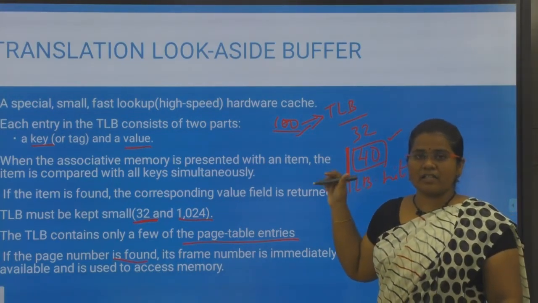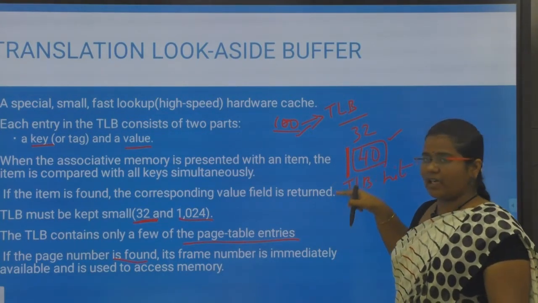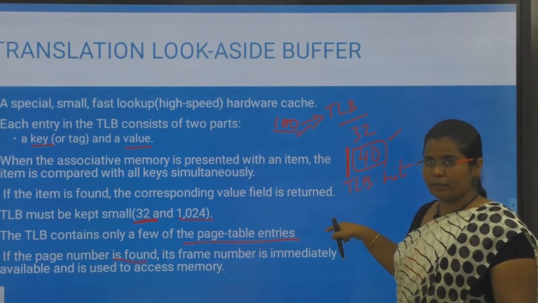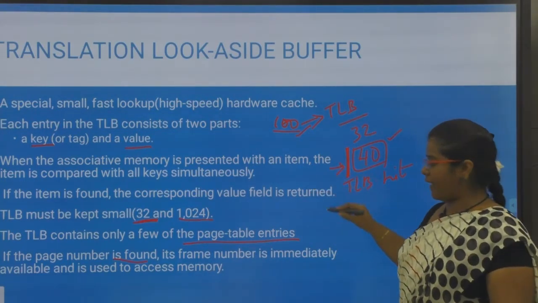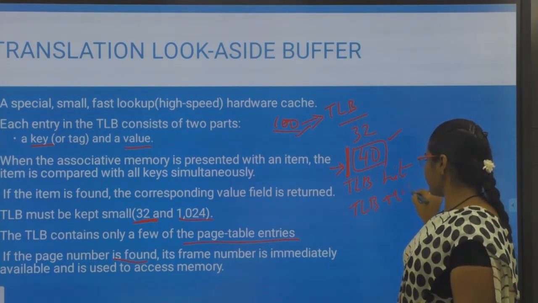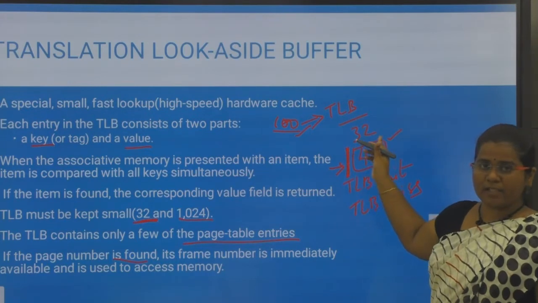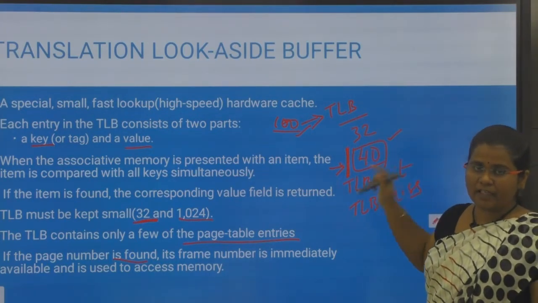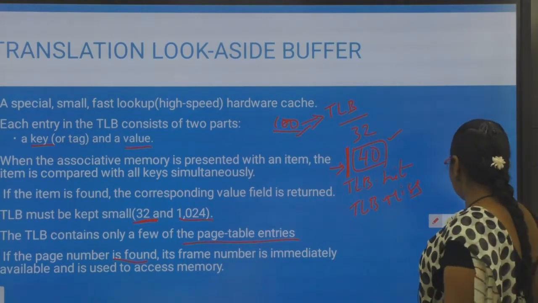If I want to execute a page which is not present in the TLB, I need to go to the page table again. If the TLB does not contain my required page, I call it a TLB miss. So a TLB hit means the page I wanted is present in the TLB. If it is not present, I call it a TLB miss.